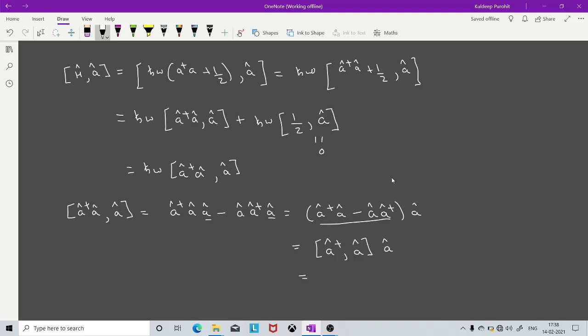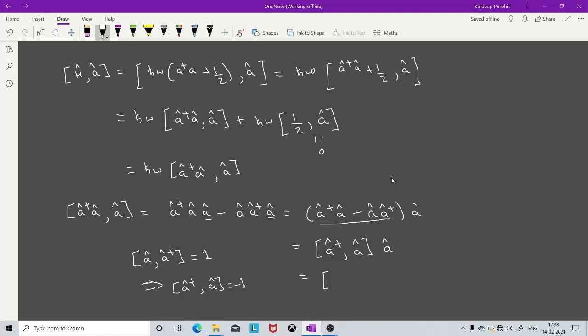We already have the relation of a with a dagger, which is 1. So from this I can write the value of the commutator of a dagger with a as minus 1.